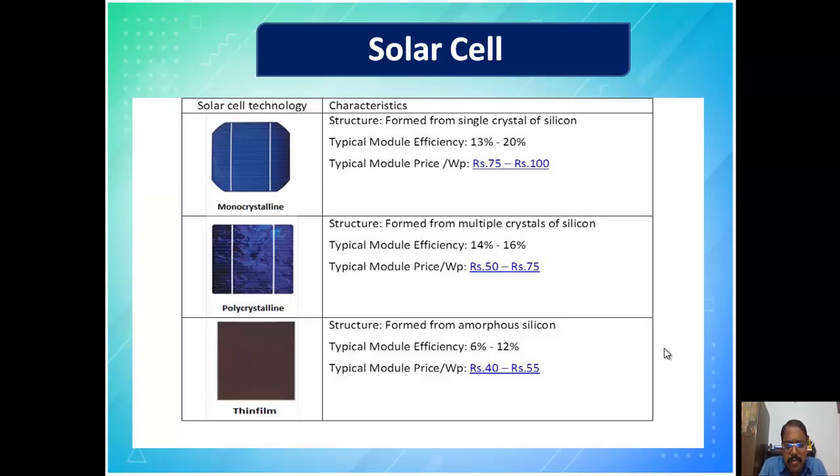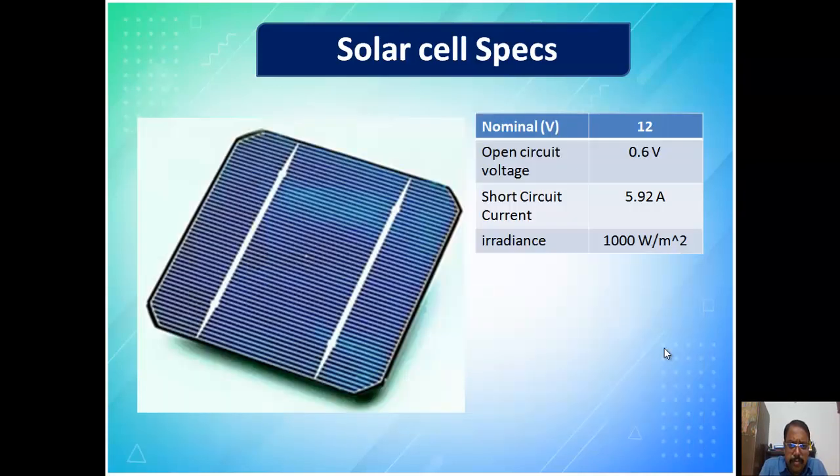Then comes thin film. Among these, monocrystalline is the most efficient compared to the other two, and since higher efficiency means higher cost, it is more expensive. So this is about a solar cell.